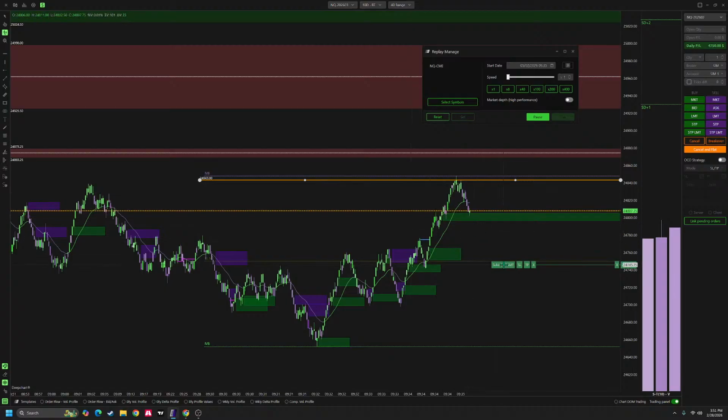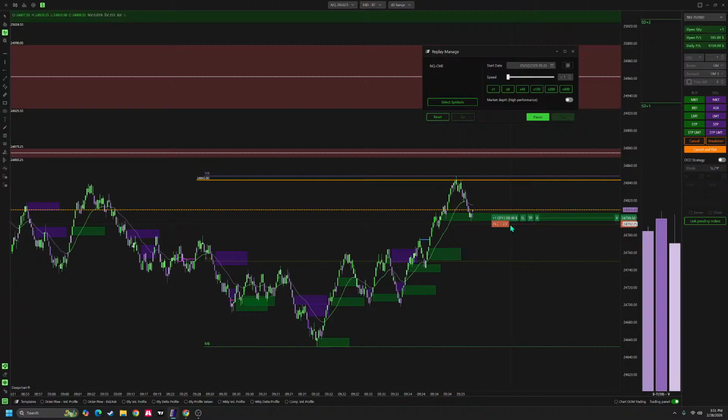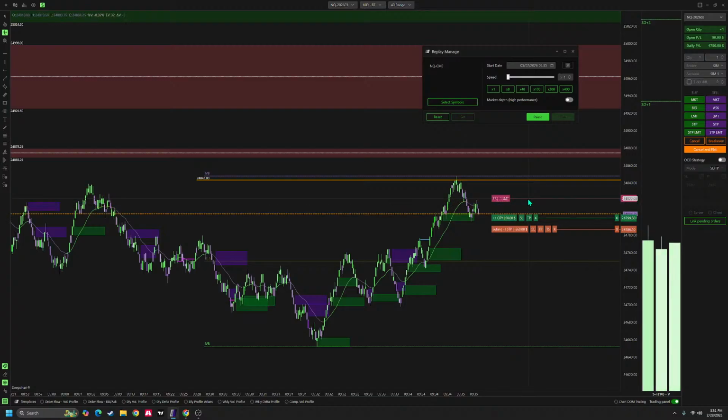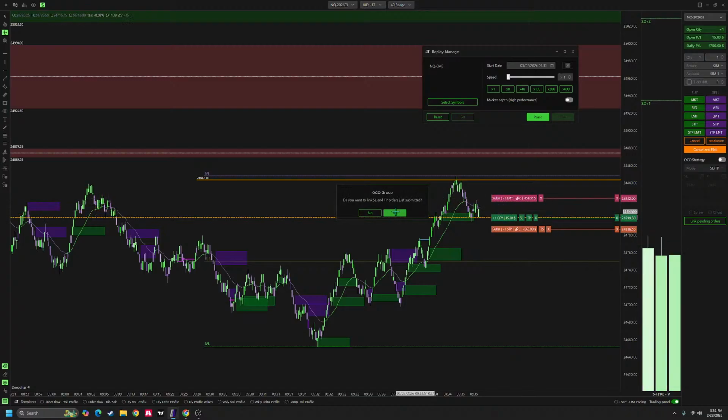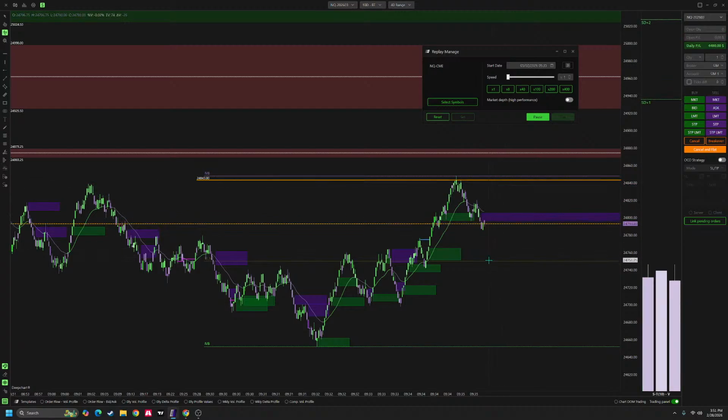Now we tap back into this zone and technically we should be able to take it out. Put our stop loss maybe behind here, very conservative, and go for a nice little return. We got stopped out, so small loss.